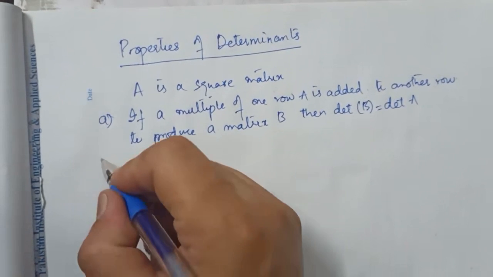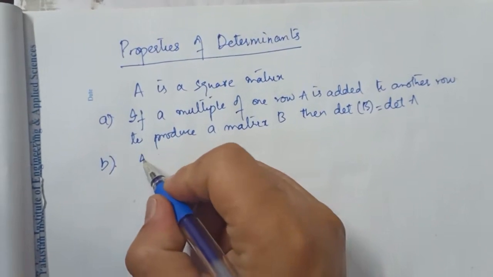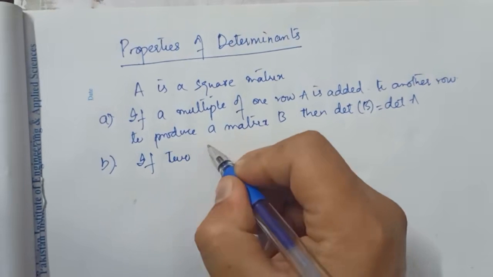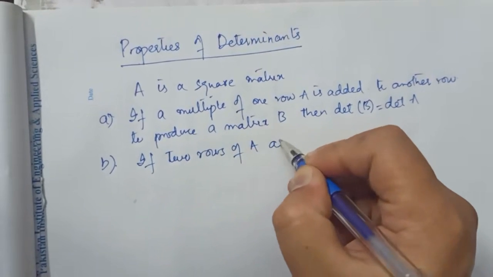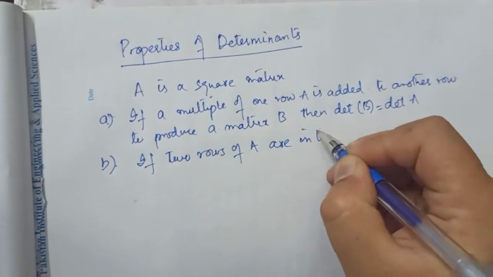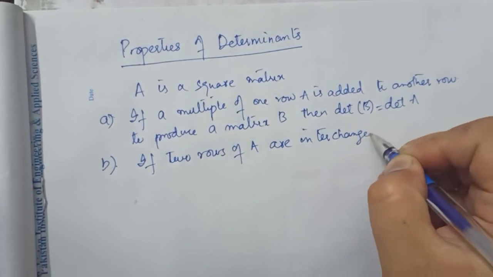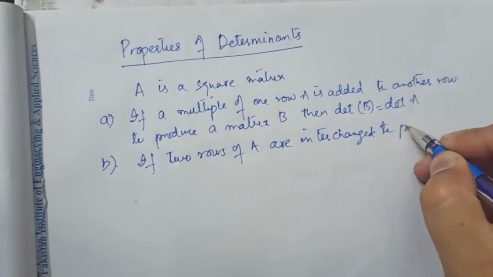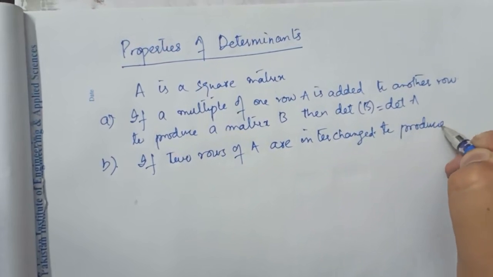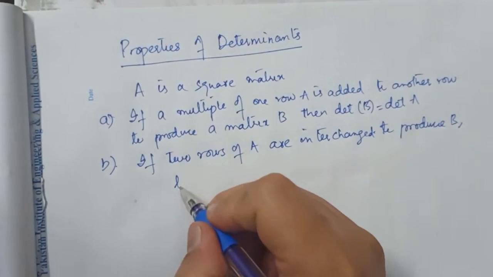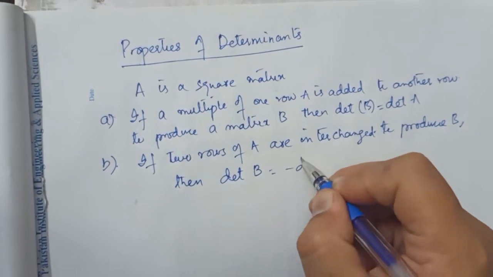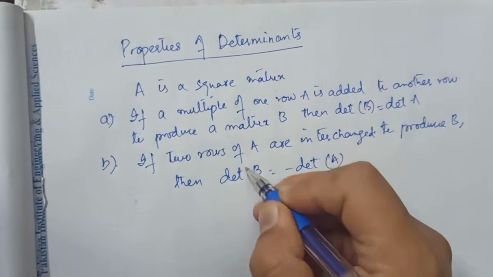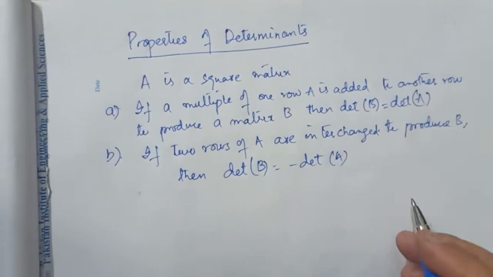Now, the second property is if two rows of A are interchanged to produce B, then the determinant of B is equal to minus the determinant of A. Okay.